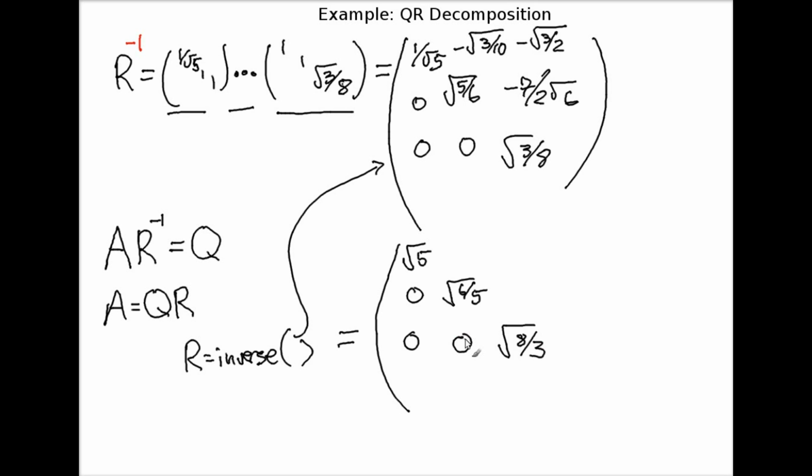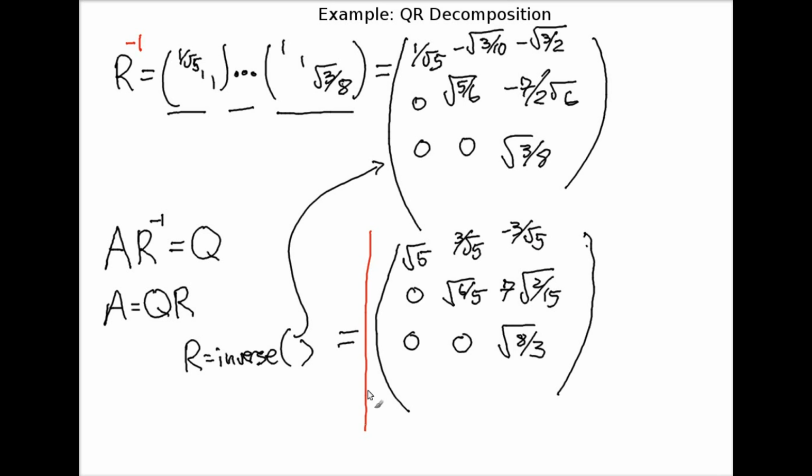And the other entries turn out to be 3 over radical 5, minus 3 over radical 5, and 7 times the square root of 2/15. Sorry, that's a little bit sloppy, but there it is. That's the matrix R, and the matrix Q is on the previous page.